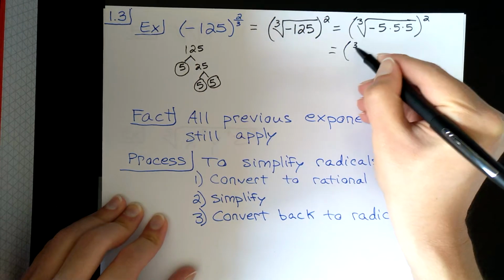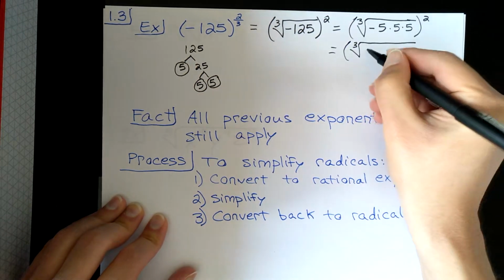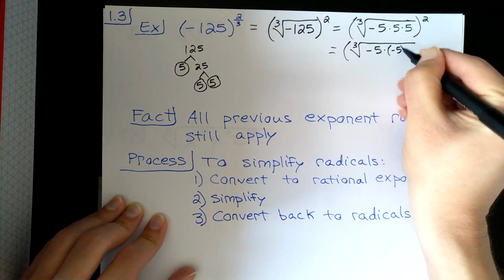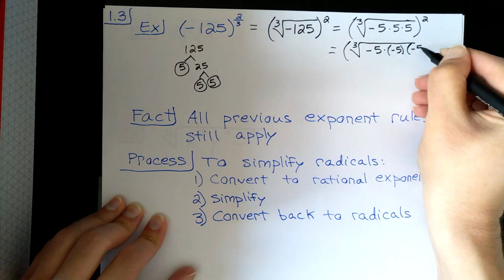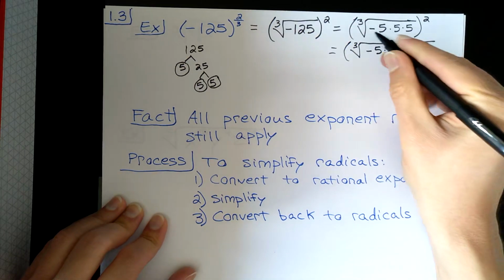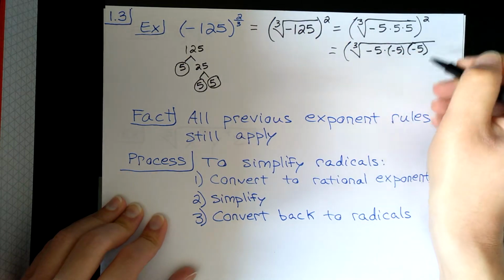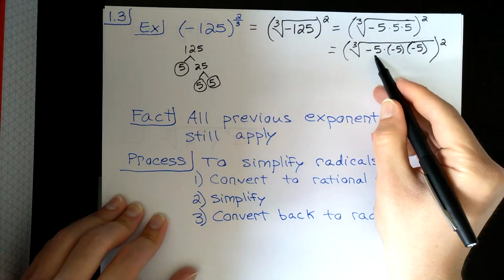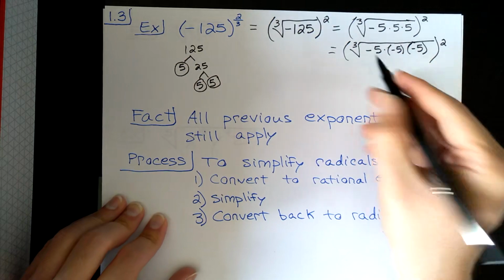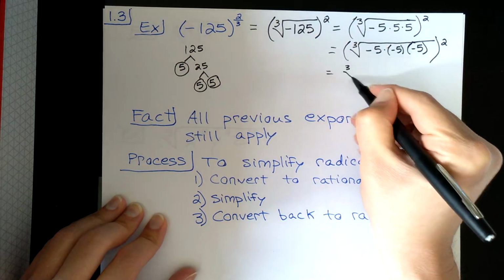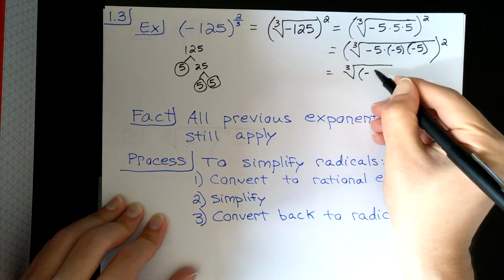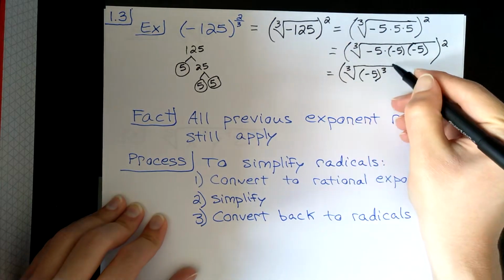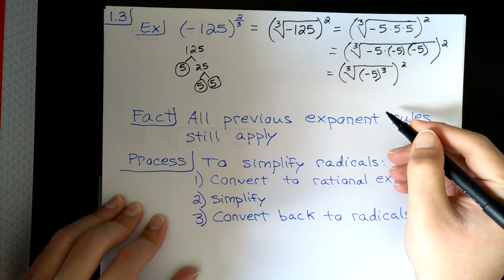So we get the cube root of -5 times -5 times -5. We started with that negative, we introduced two more negatives. And now notice we can rewrite this as the cube root of -5 cubed, all to the second power.